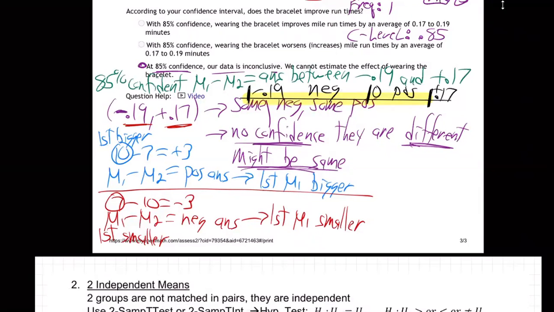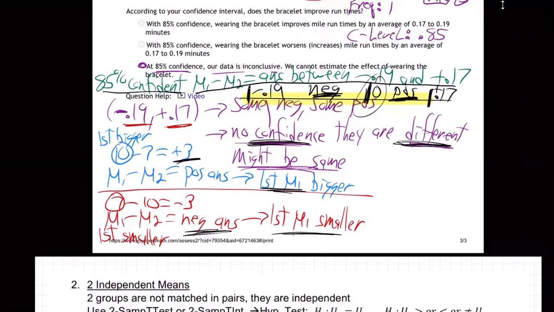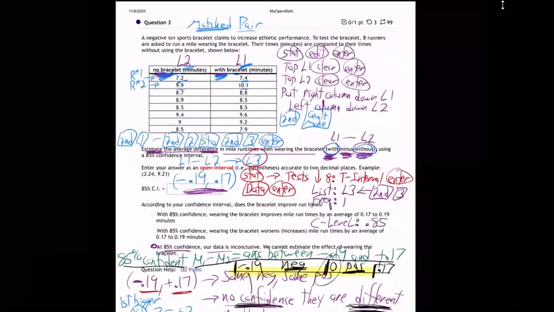If you're 85% confident that your difference is between negative and positive, your difference could be some negative number or some positive number. We don't know if the difference is positive and thus the first number is bigger, or negative and thus the first number is smaller. We have no confidence that there's really a difference. Zero is in that interval. The difference could be 0, and if the difference is 0, they're equal. That's why we're saying they might be the same. We're not confident they're different. That's why we draw that conclusion.